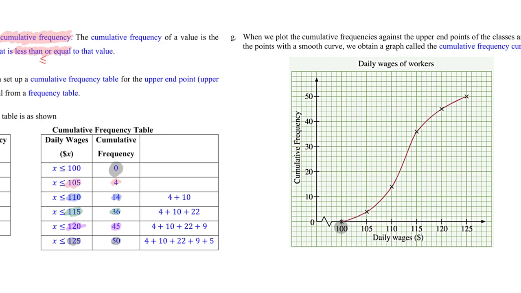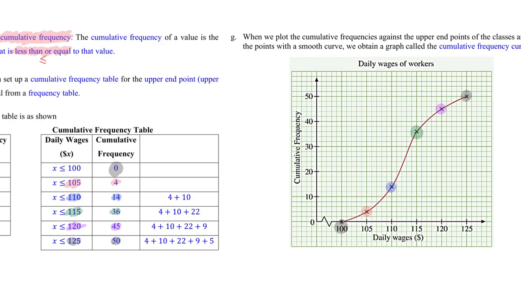The second point will be 4. For wages less than or equal to $110, there is 14. For wages less than or equal to 115, 36. And for wages less than or equal to $120, 45. And finally 50. And this happens to be the total number.